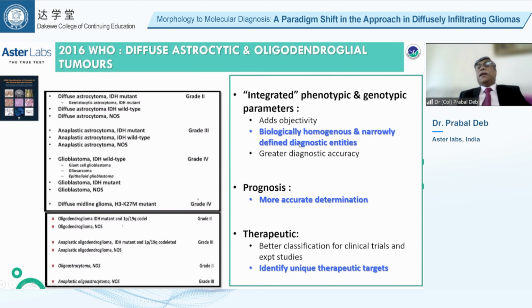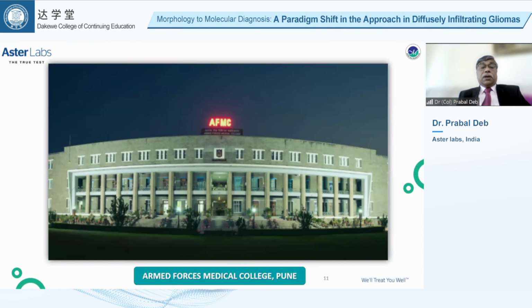So what they did was they integrated for the first time phenotypic and genotypic parameters, with the intent to add objectivity and greater diagnostic accuracy. It had a role in prognosis because there was more accurate determination, and also identified the subset of tumors which would be good therapeutic targets and have better outcome.